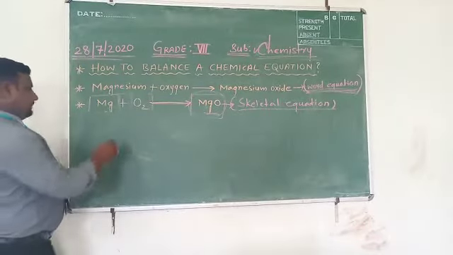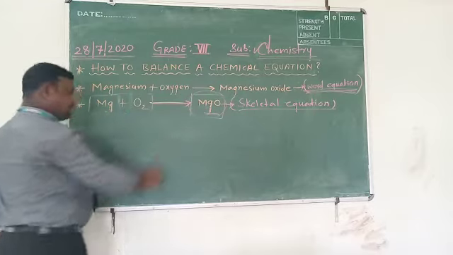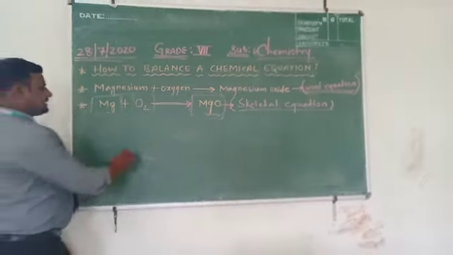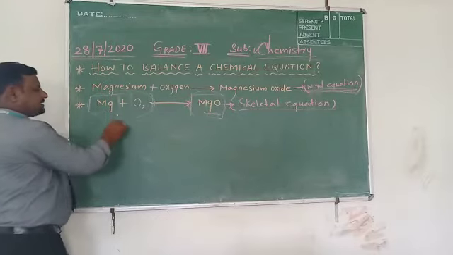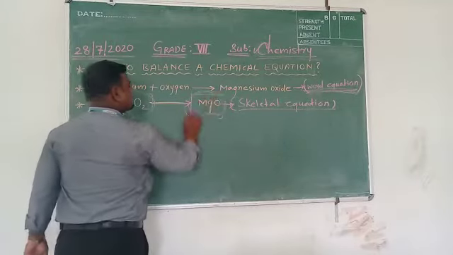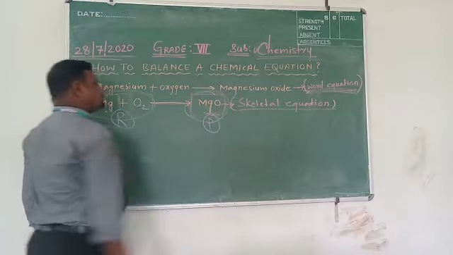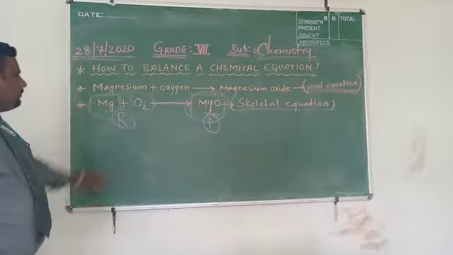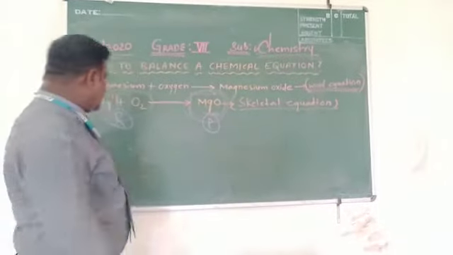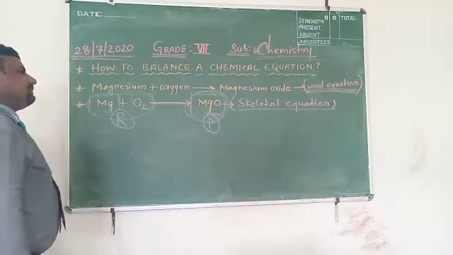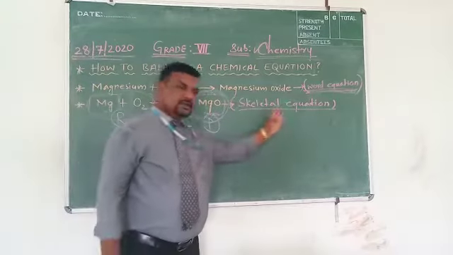Now, step number 1. The given skeletal equation is not balanced. In this case, we counted the number of atoms present on the reactant side and the number of atoms present on the product side. So we came to know that the number of atoms on the reactant side and product side are not matching. Therefore we concluded that the given equation is not balanced, so it is a skeletal equation.